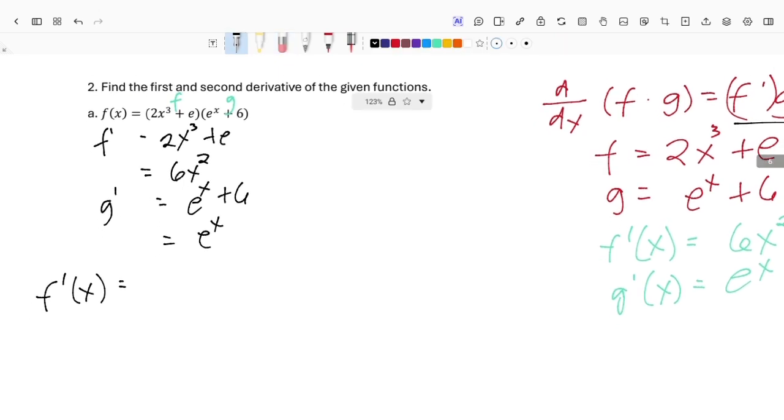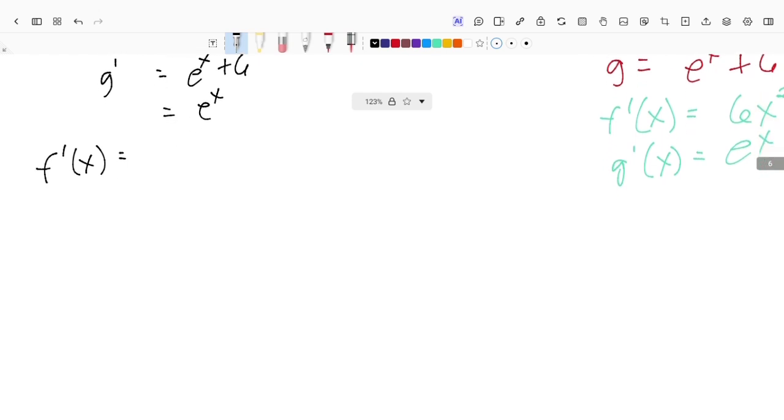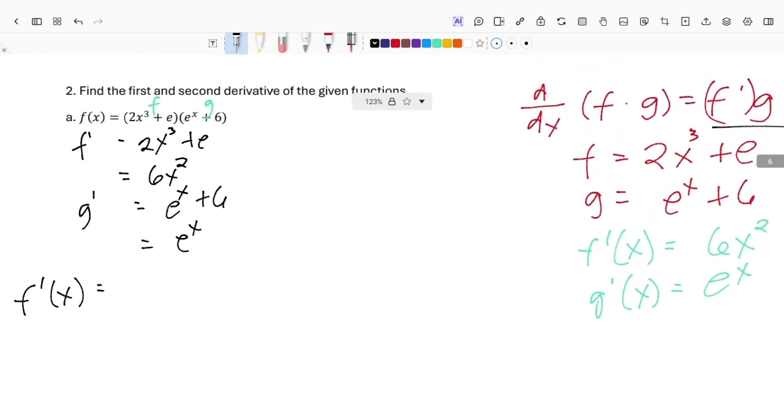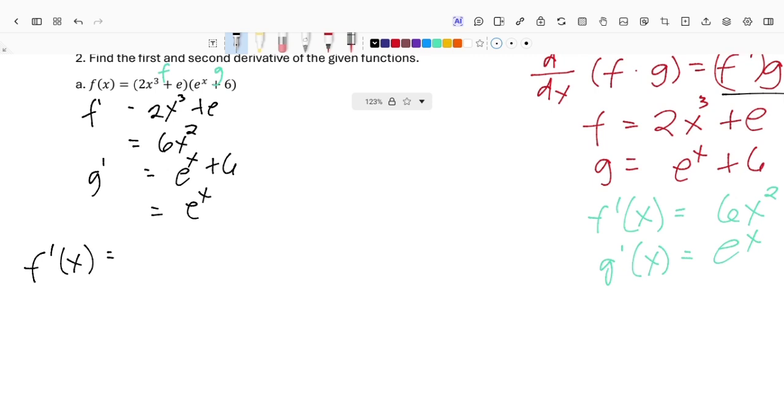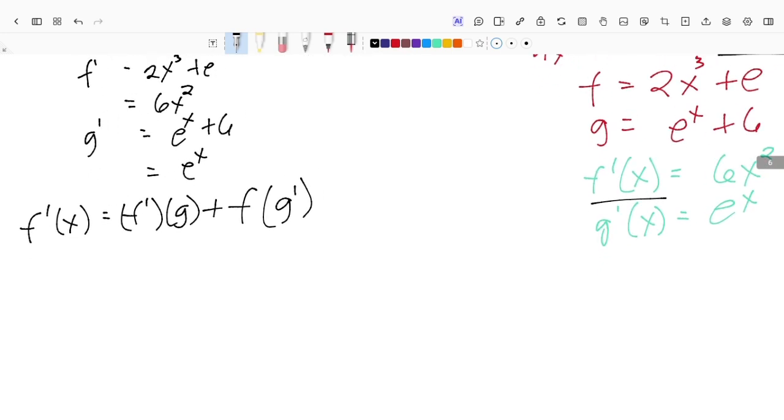So for our f of x, we need to get the derivative of f, which is this, g plus our f and the derivative of our g. Now let's substitute these values to our equation.